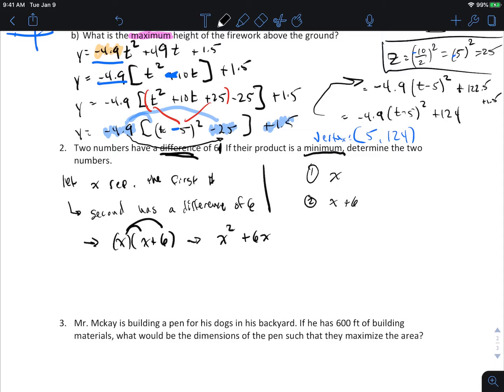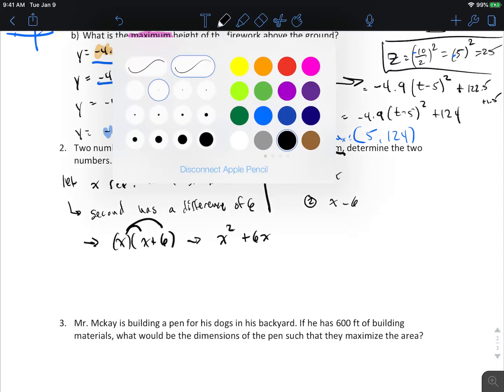Now, my scare was that if I use a subtraction sign, I get a negative. Negative implies it's opening down, then I have a maximum instead of a minimum, right? But it's not on the x squared, so I think it's actually okay to do this. We make it a difference of 6 because that's what it's telling me to do. It's just changing the sign here.